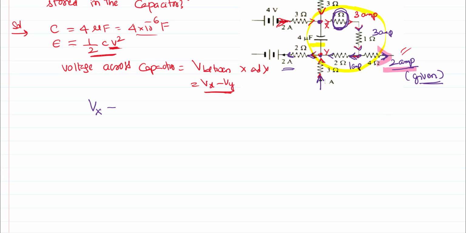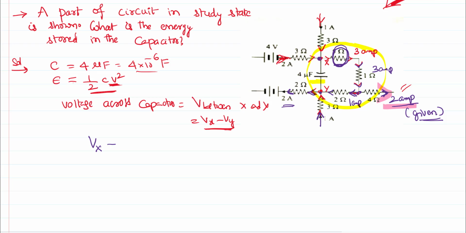The I is, as we have calculated, 1 plus 2, 3, and the resistance is given in the problem as 5, therefore minus 3 into 5.